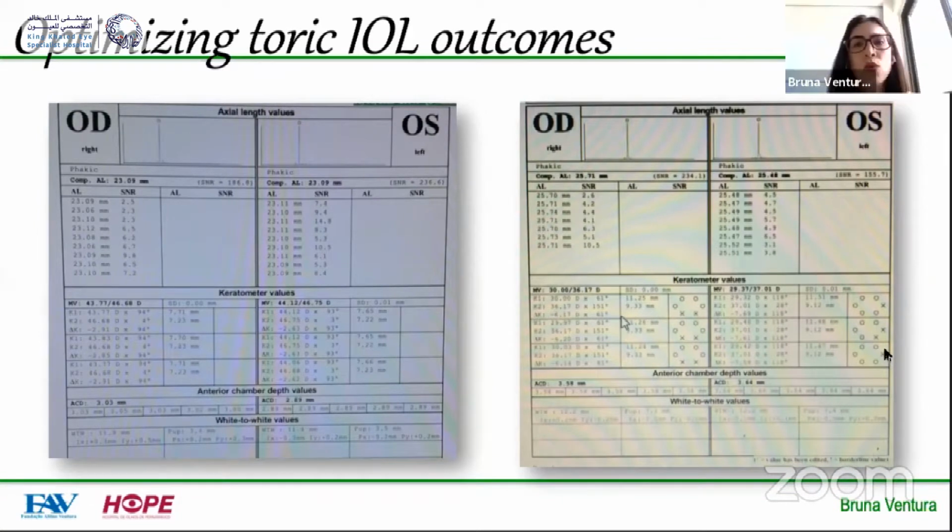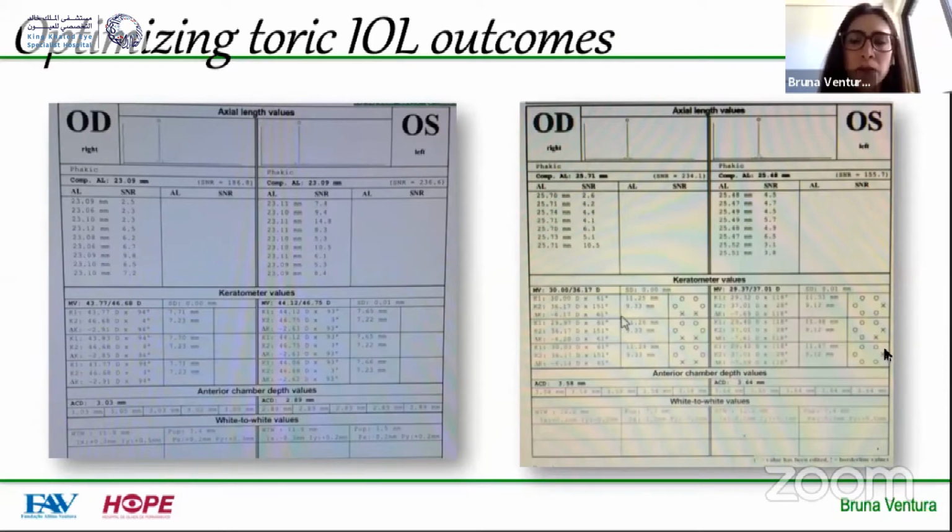In the cases that have no indication of surgery of the cornea before, or specific treatment of the corneal issue before, you can continue with your cataract surgery planning, but you take that into consideration. So it's not in every eye that you're going to be able to get 100% quality of the measurement.